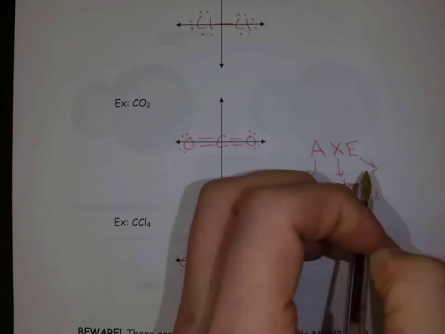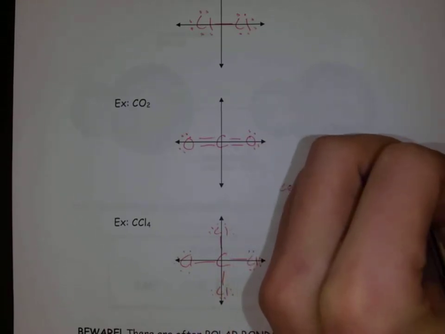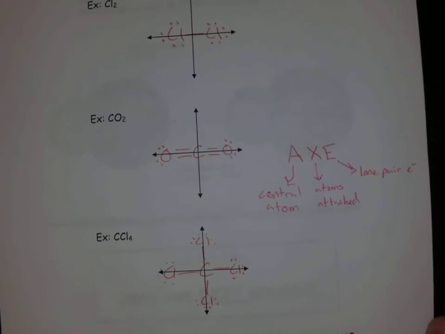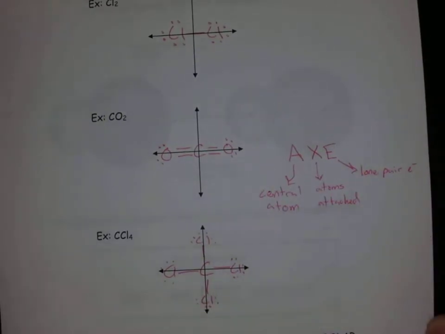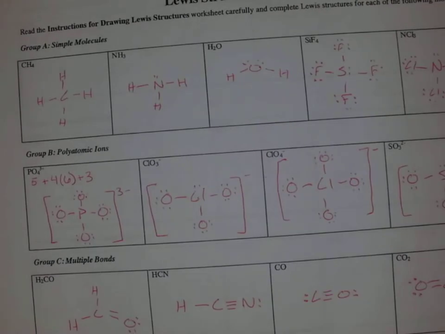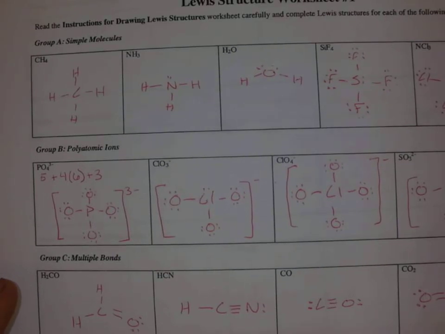Finally, we're going to count how many lone pair electrons. Okay? So if we can get our AXE, we're going to know a little bit more about whether we have a nonpolar or a polar molecule, and we're going to know a little bit more about the 3D structure. Okay? So if we go back to our big packet, I'll show us how to get our AXE structure for a couple of these.